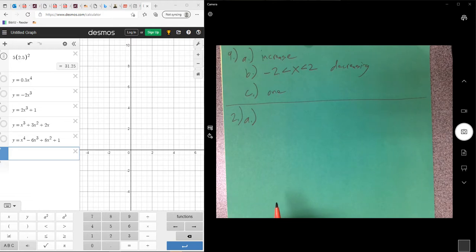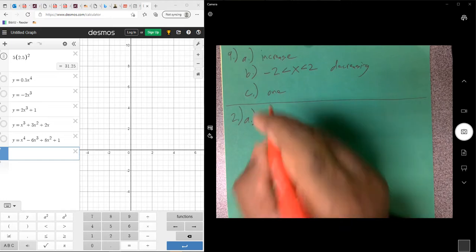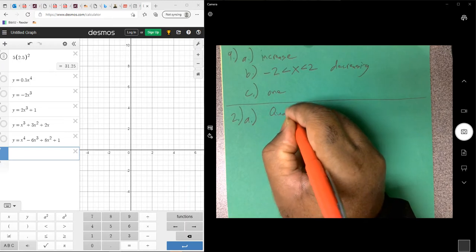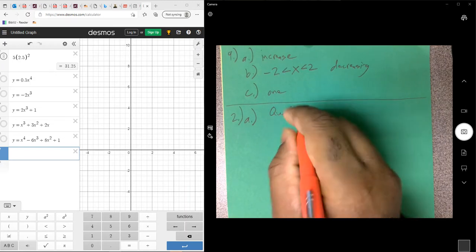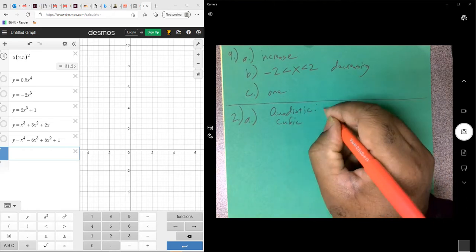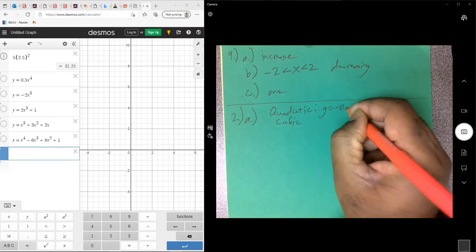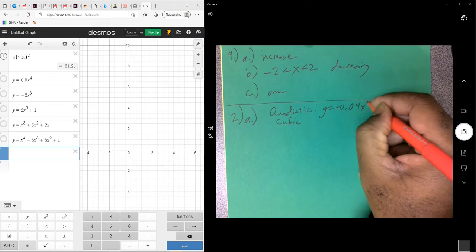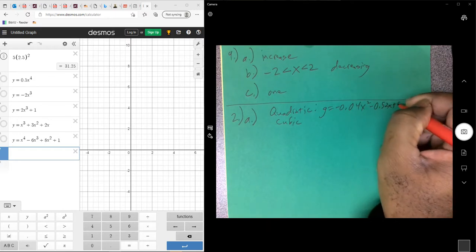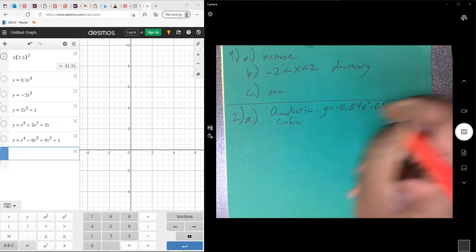So if we look back here at 1b, we had two equations. We had a quadratic and we had a cubic. Now the quadratic equation was g equals negative 0.04 x squared minus 0.52 x plus 57.33.